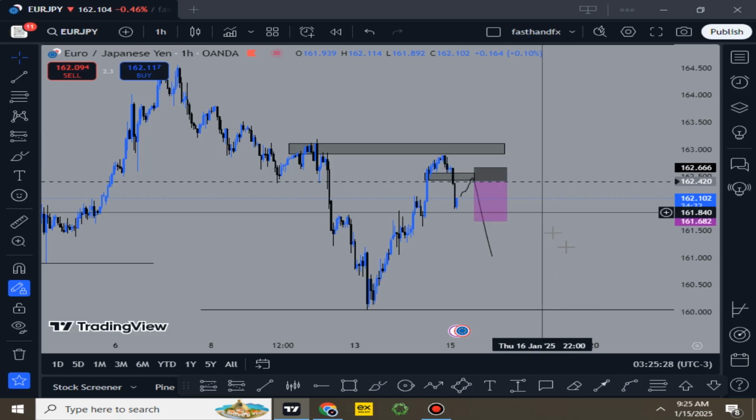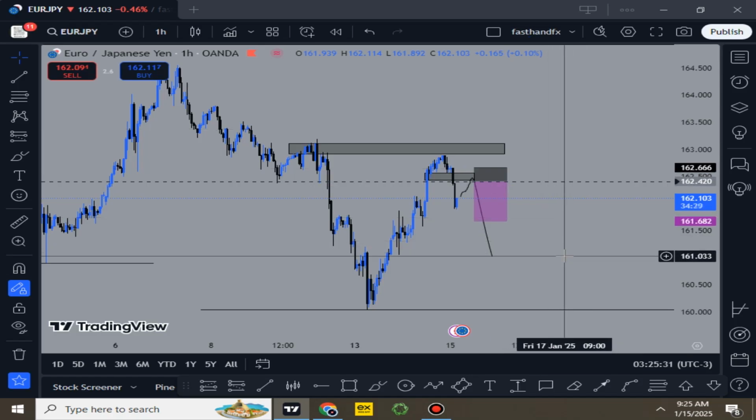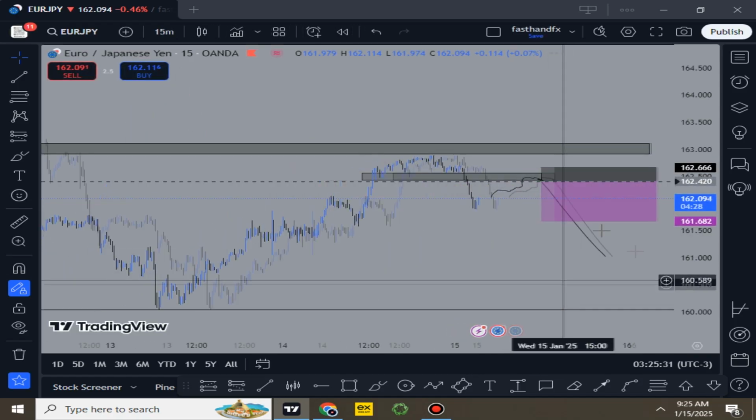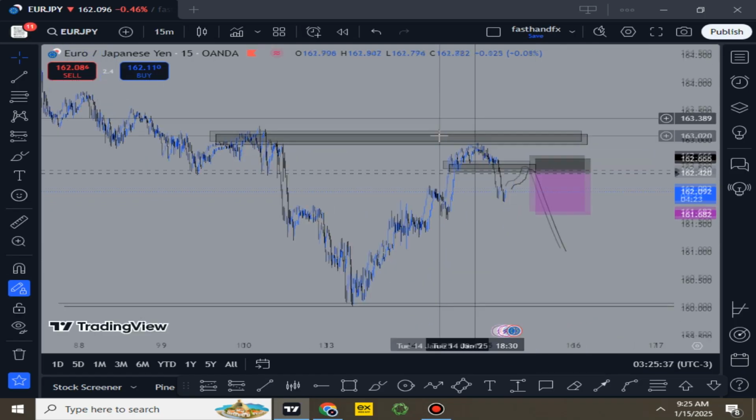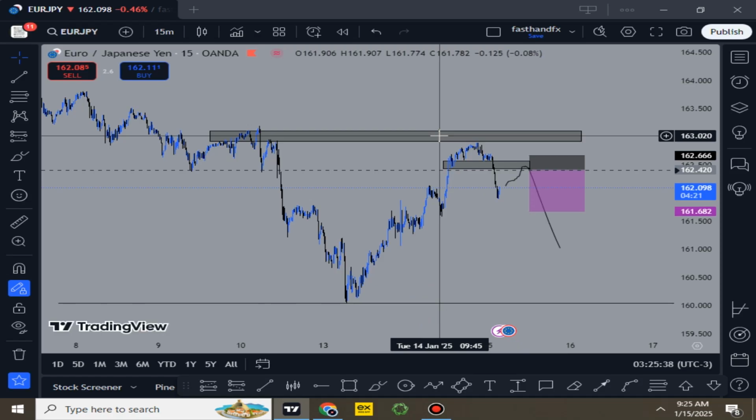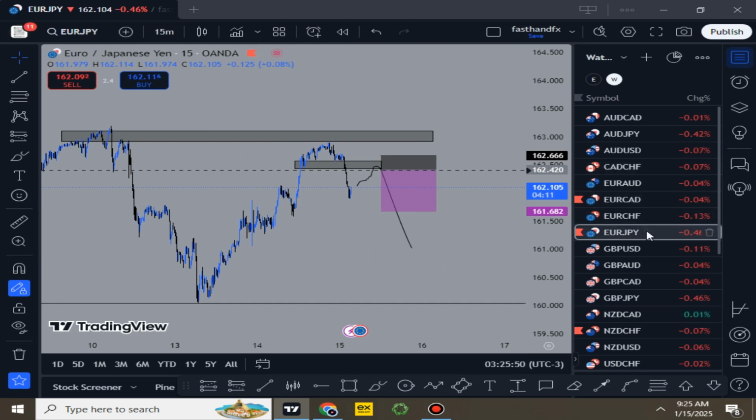Once I get maybe a confirmation around that level, let me see what the market is doing on the 15 minute time frame. But then remember, if CPI affects XXJPY, remember XXCHF correlates with XXJPY. So basically, they might move in the same direction.